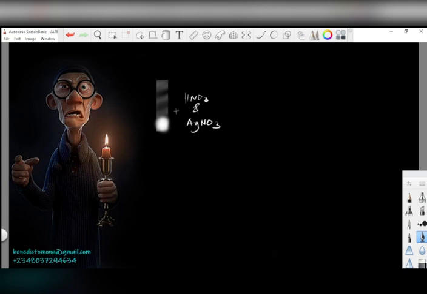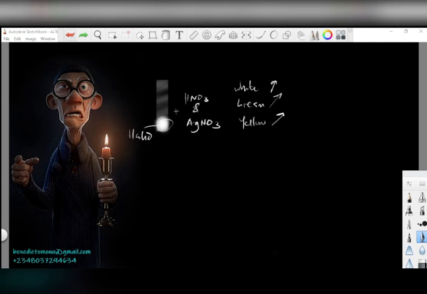So if you get white, cream, or yellow precipitate, that tells you that it is a halide ion, and you were able to point out which halide ion is present in this sample.